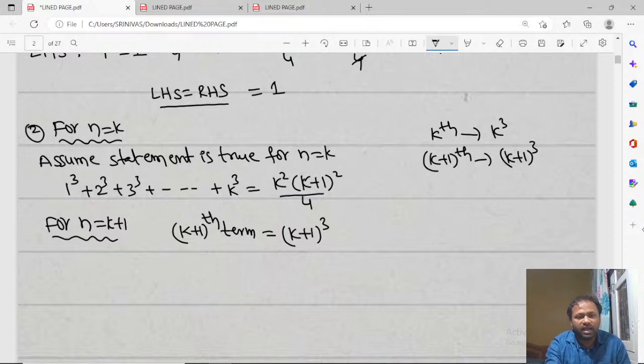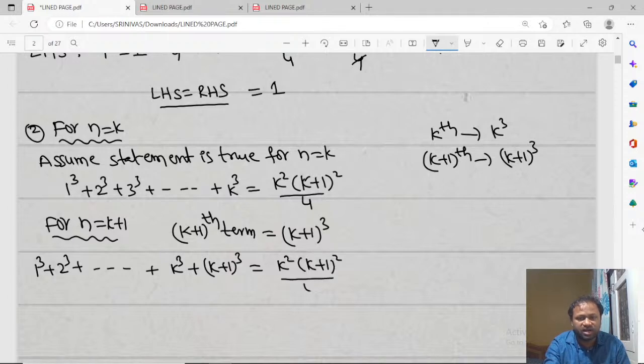Now I add this to the total. So what we get: 1 cube plus 2 cube and so on plus k cube plus this term we need to add, k plus 1 whole cube, is equal to k square into k plus 1 whole square divided by 4 plus k plus 1 whole cube. Okay, so I added it to both sides.